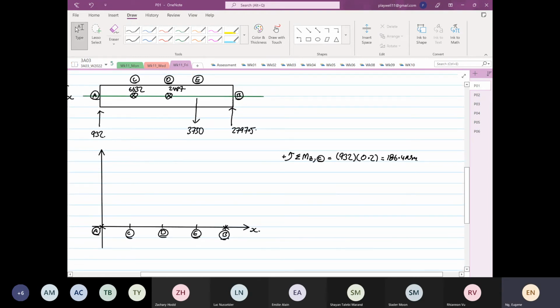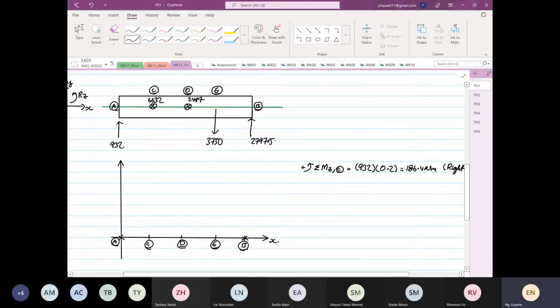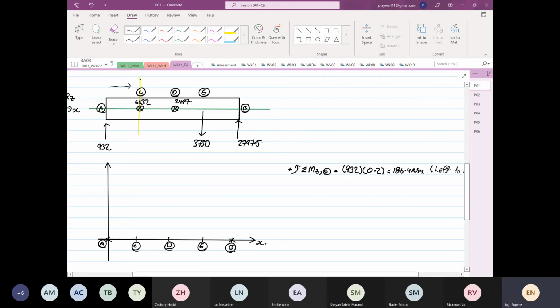For this case, we are doing the analysis from left to right. If we were to do it right to left, the answer will also be the same.